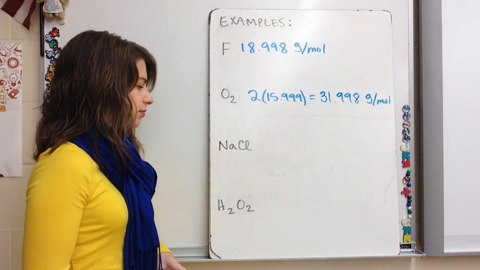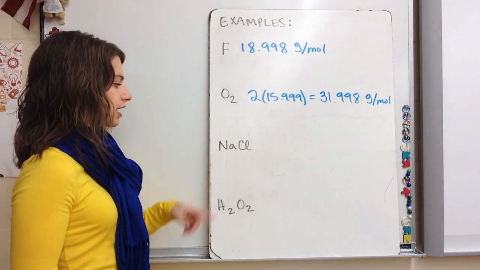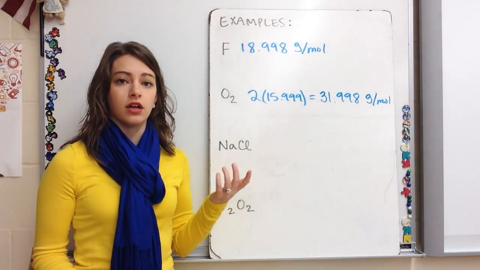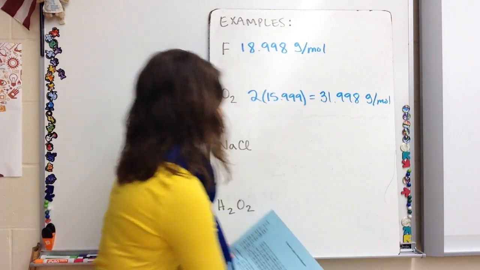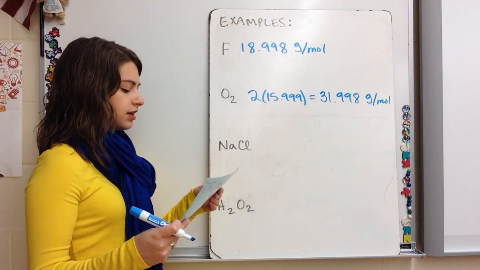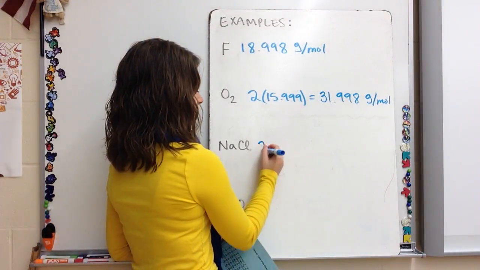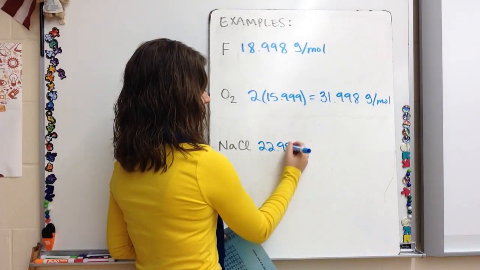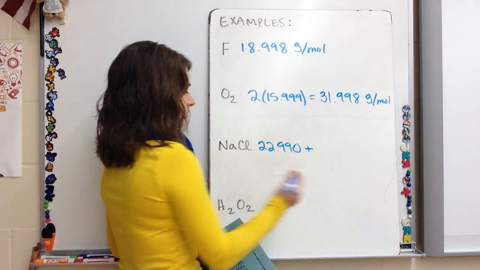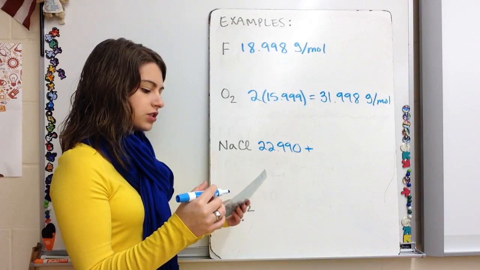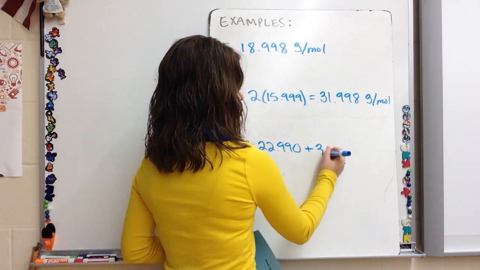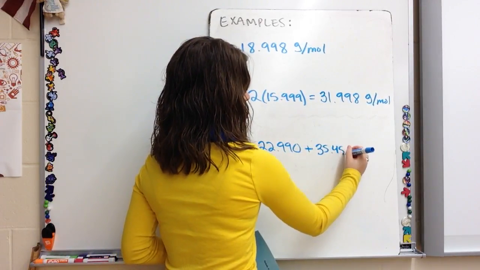Let's look at our third example, NaCl, or sodium chloride. So this compound is made up of a sodium and a chlorine. So we're going to need to add the mass of those 2 things together. So we have 1 sodium. The mass of a sodium is 22.990. And we're going to add to that the mass of our chlorine. So the mass of our chlorine is 35.453.